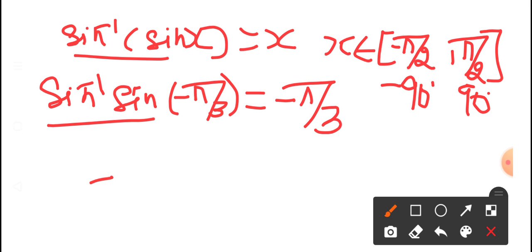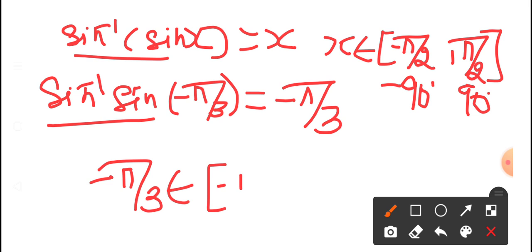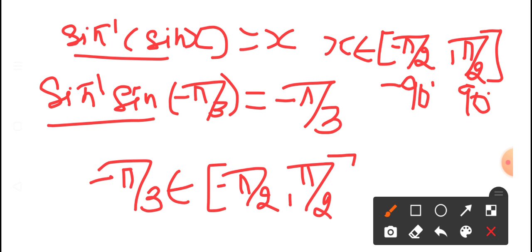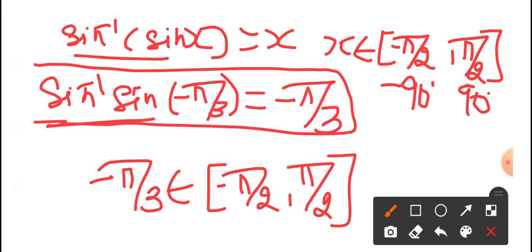Minus pi by 3 belongs to minus pi by 2 to plus pi by 2. So the second subdivision is over. Sin inverse of sin minus pi by 3 is equal to minus pi by 3.